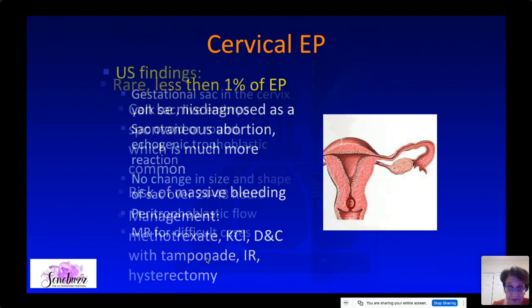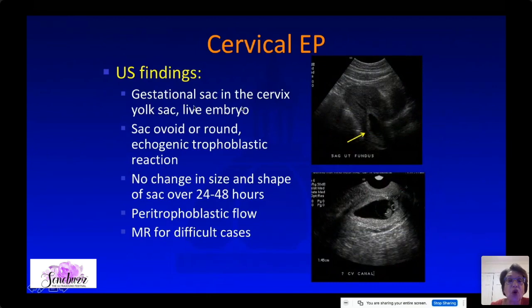So let's look at some examples. What you're going to see is a gestational sac within the cervix. Now, if you have a live embryo like in this case, with a yolk sac, it's relatively easy to make the diagnosis. You can see the hourglass deformity of the cervix.